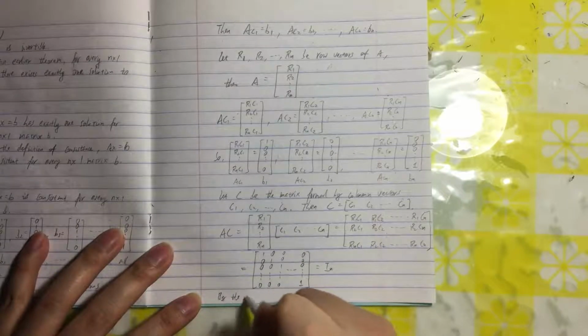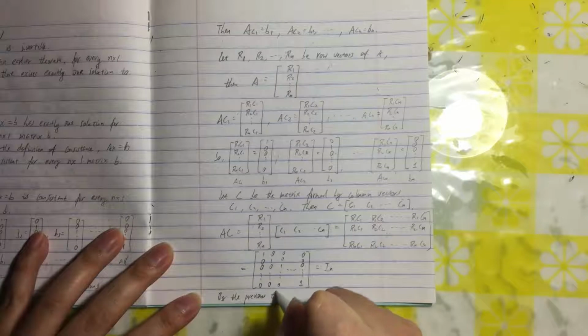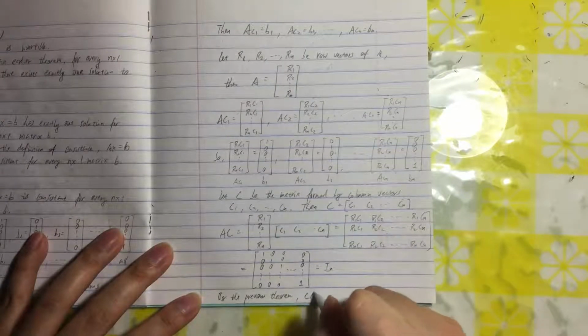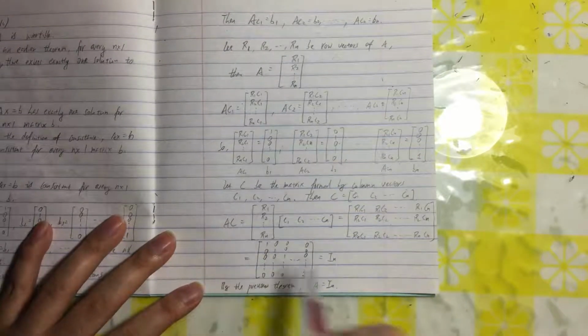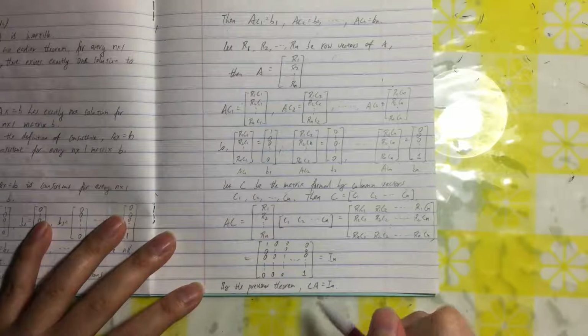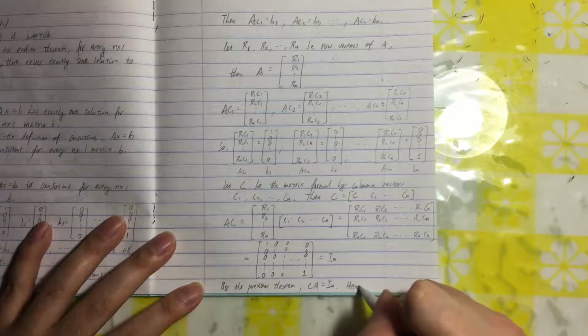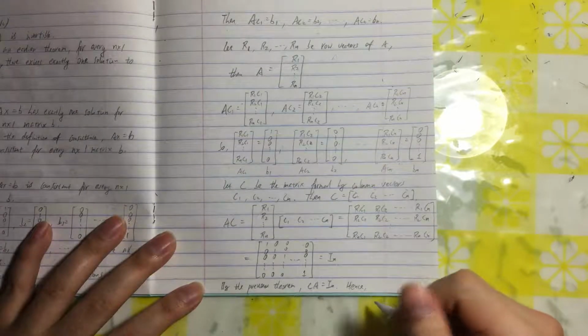Since A times C is identity and C times A is also identity, C must be the inverse of A. Hence, A is invertible and C is the inverse of A.